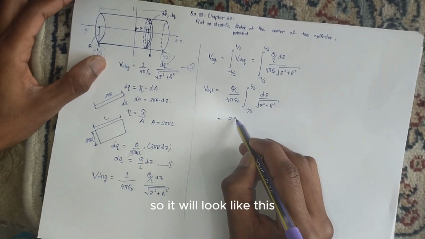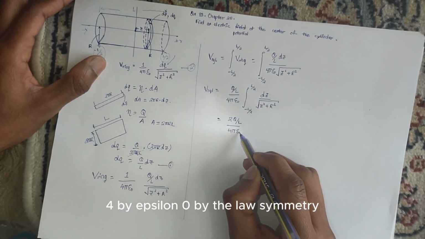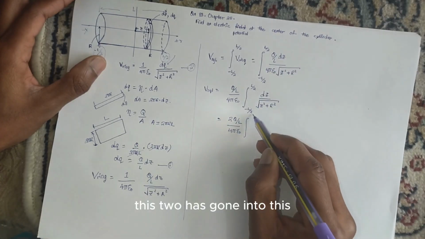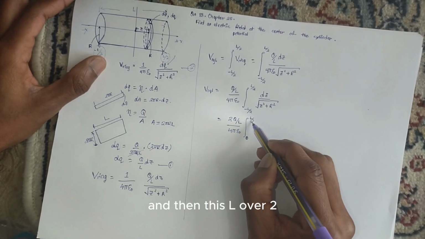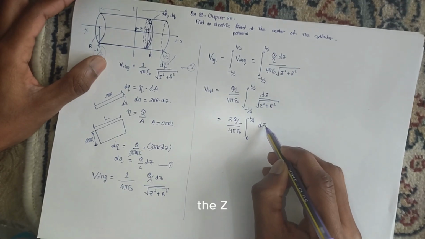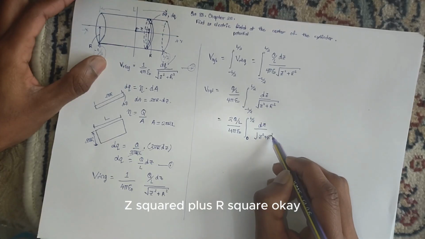So it will look like this: 2Q over L 4 pi epsilon 0, the integral from 0 to L over 2 of dz over the square root of z squared plus r square.